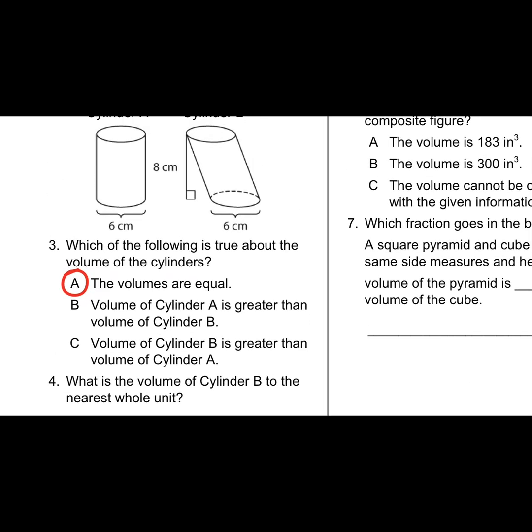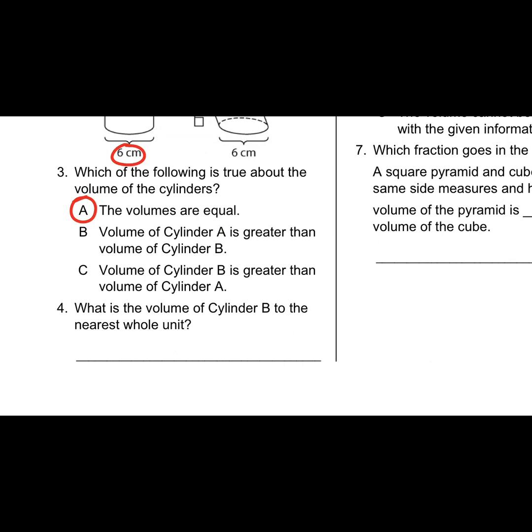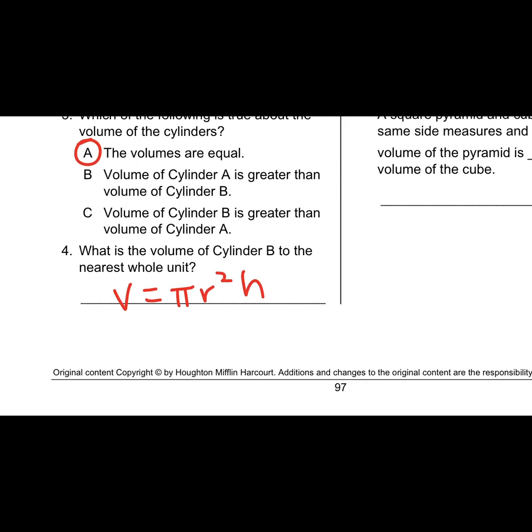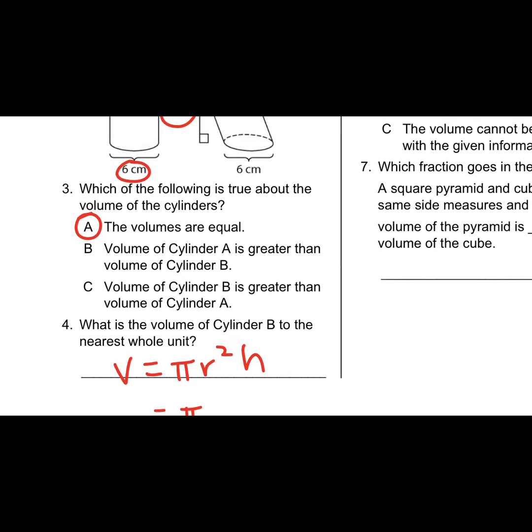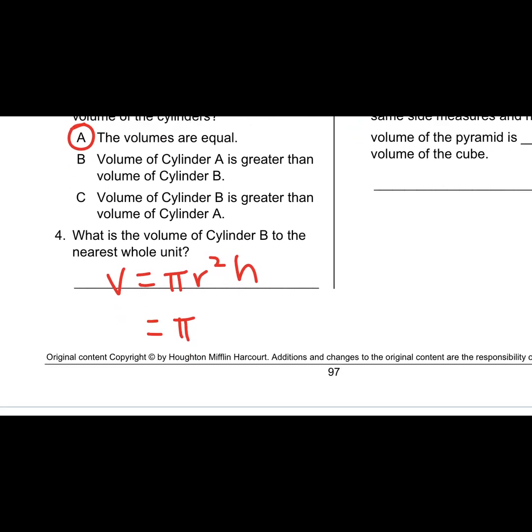So since they are the same, we're going to actually just use the dimensions for the first one. So diameter is 6 and the height is 8. So since this is a cylinder, we are going to start with the formula for the volume of a cylinder, which is pi r squared h. And since we know that the diameter is 6, we know that the radius is half, which is 3 centimeters.